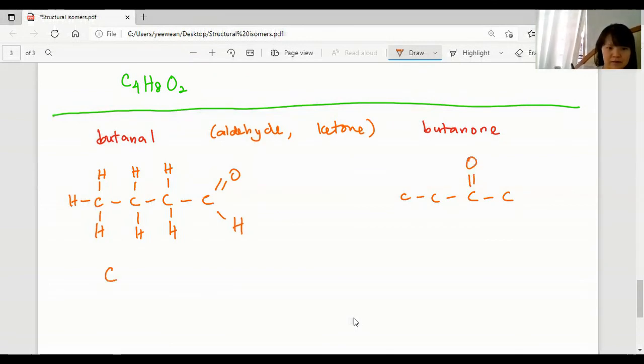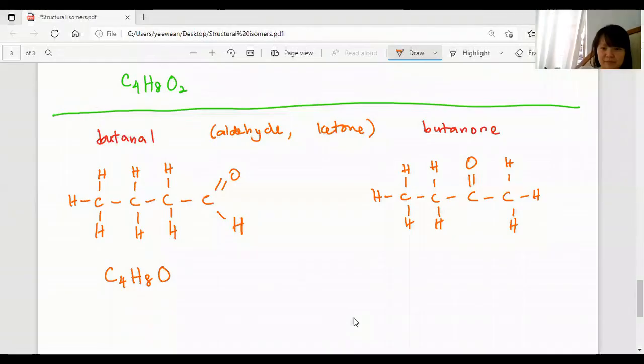And so it's C4, H8, O is just 1. So there's 4 carbons, 1 oxygen, and 8 hydrogens. There you go. This is a butanone, and it's a functional group isomer with a butanal. So both are C4, H8, and O. So these are some examples of functional group structural isomers.